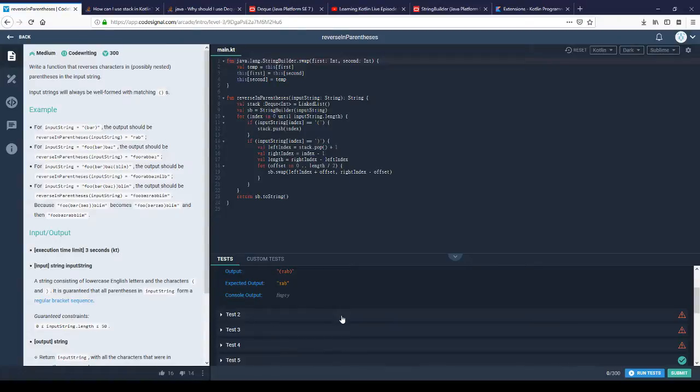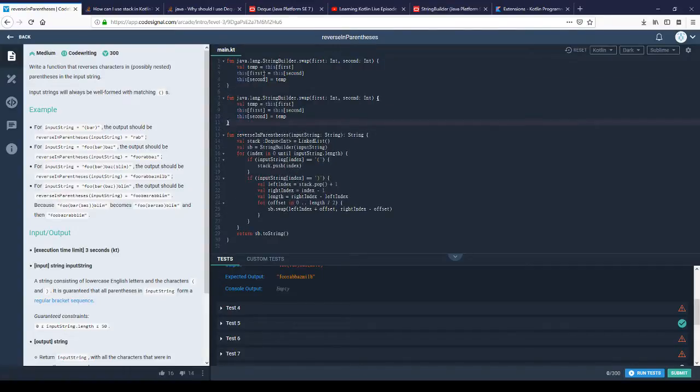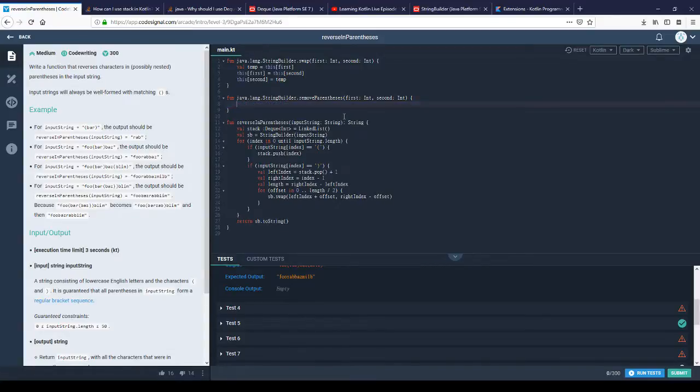So the only thing we need to do now is to remove the parentheses. Remove parentheses. Okay. And it's empty.